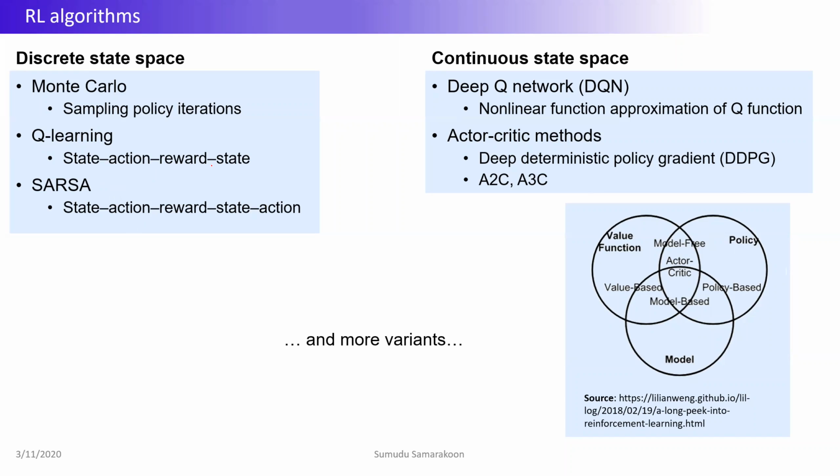In the literature, we can find many reinforcement learning algorithms. Some are defined for discrete state spaces and some for continuous state spaces. We have already discussed Q-learning, where we consider the state, action, and reward, and based on that, we consider what would happen in the next state. There's another variation of Q-learning, SARSA.